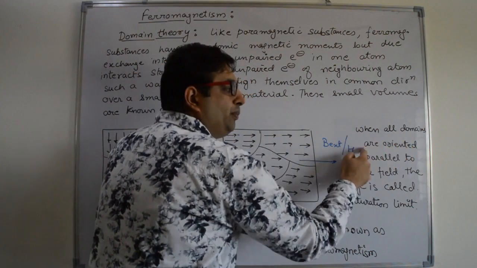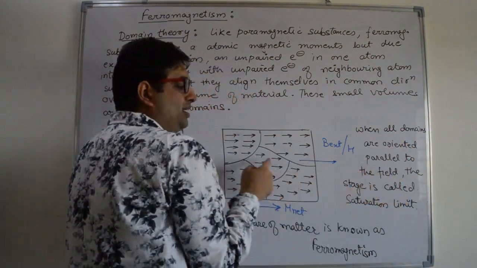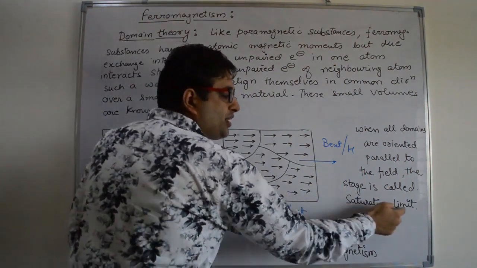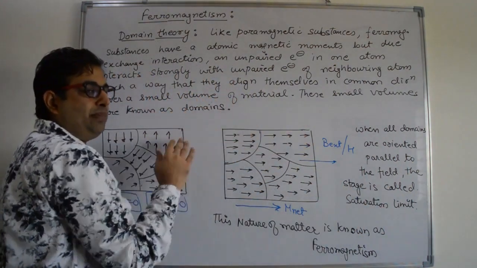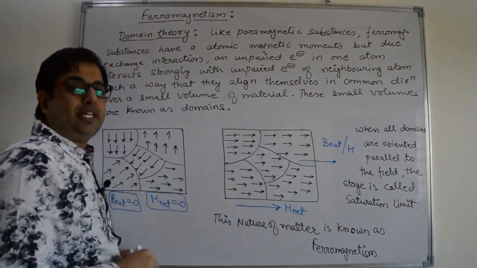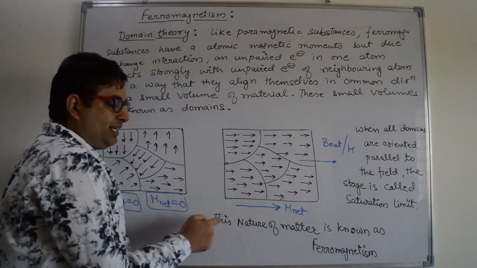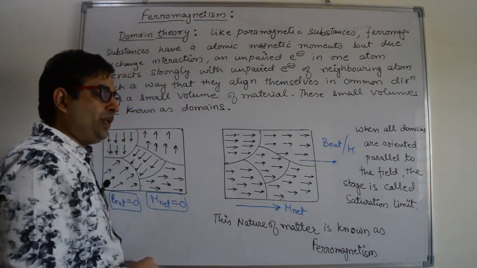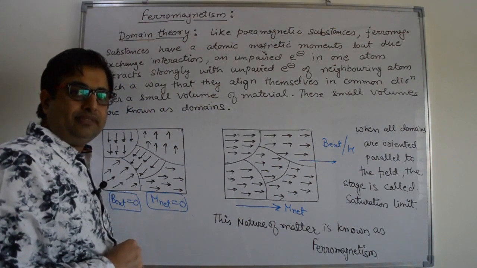When all the domains are oriented parallel to the field, then this stage is known as saturation limit, and this nature of matter is known as ferromagnetism. Got my point?